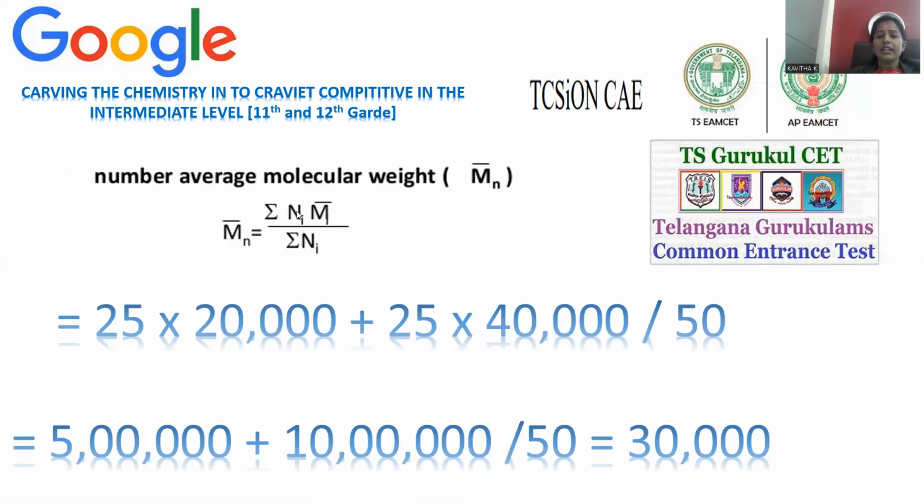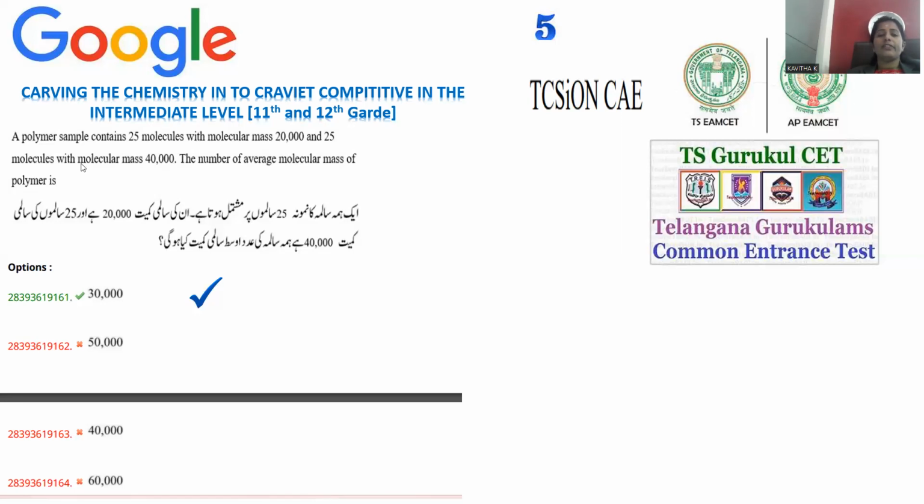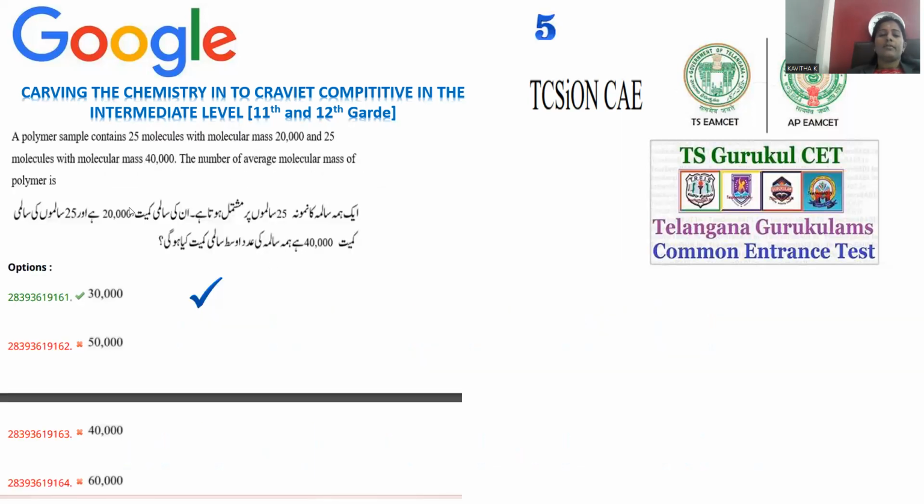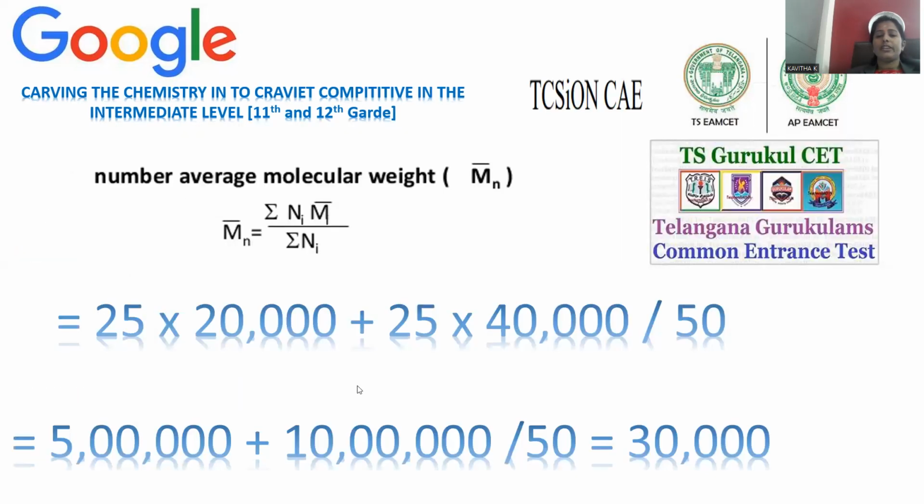So Ni into M is 25 into 20,000, and the second polymer has 25 molecules of 40,000, so let me add 25 into 40,000. The denominator is sigma Ni, the total number of polymeric molecules: first polymer of 25, second polymer of 25, so 25 plus 25, 50.